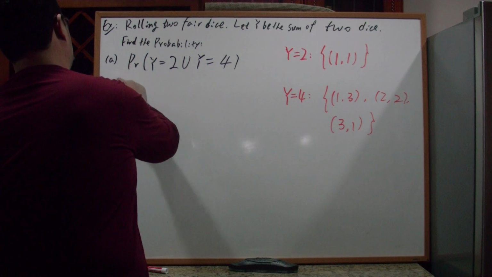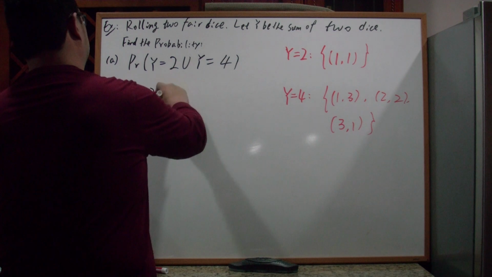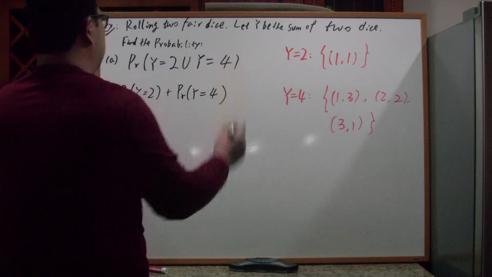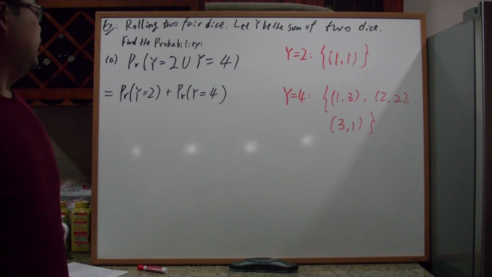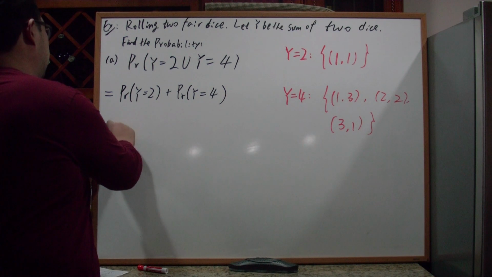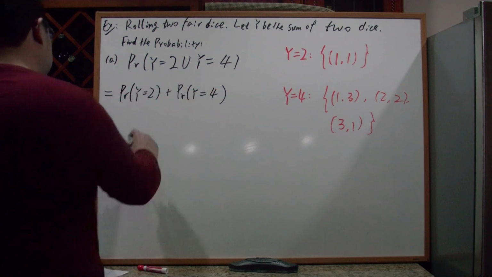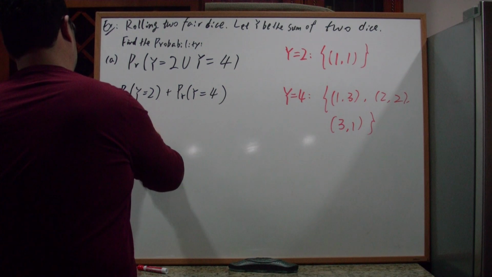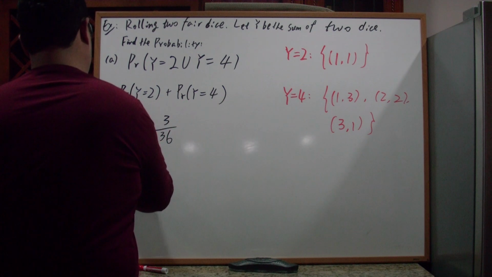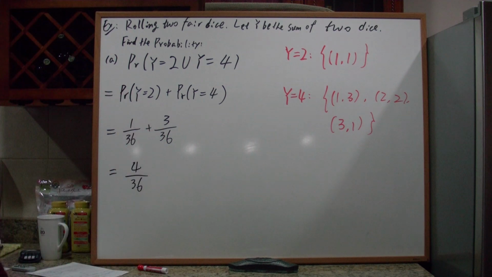So we simply add the probabilities together. That is the union, which is 1 out of 36 and 3 over 36, right?